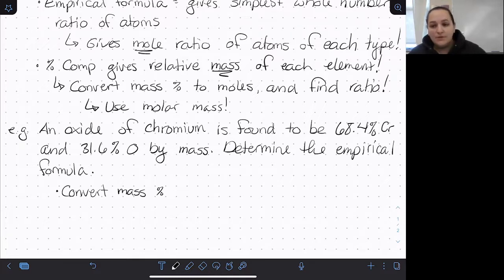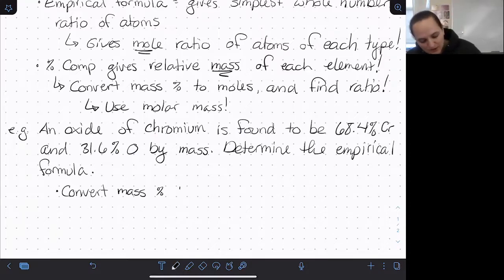If we assume a 100-gram sample, then our percentages are equal to the masses that we have. We would have 68.4 grams of chromium in that sample, because 68.4% of 100 is 68.4, and we would have 31.6 grams of oxygen for the same reason.